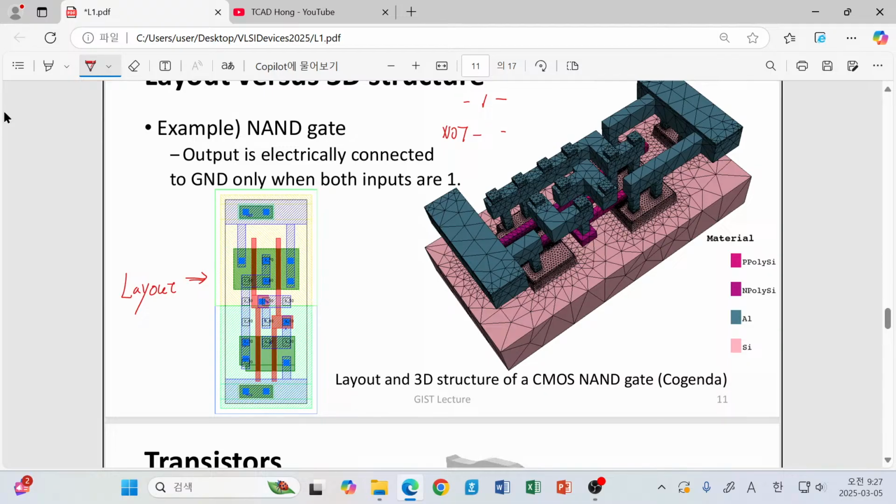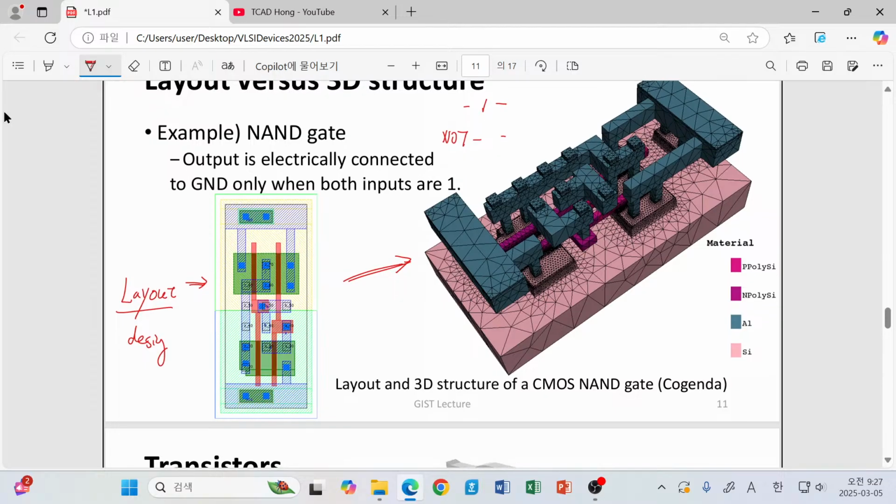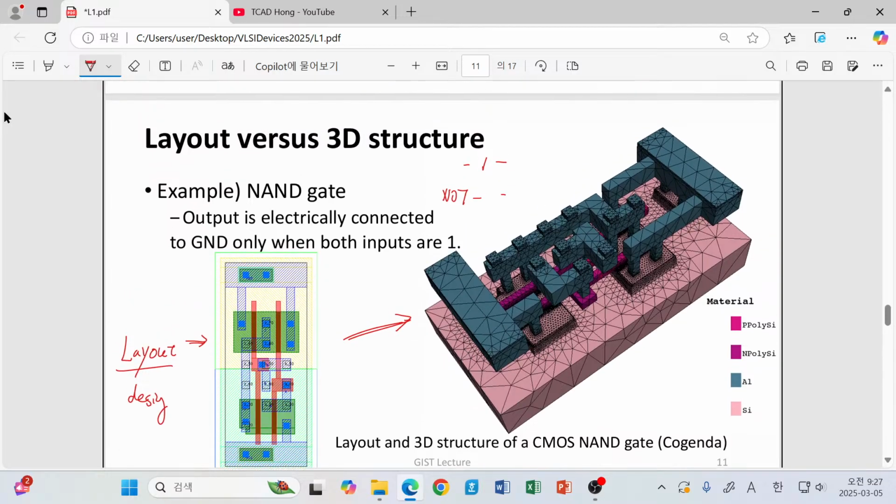And you know that using this layout, designers can build this kind of three-dimensional structure. So for a designer, the chip looks like this, and to a device engineer, the chip is just a collection of this kind of complicated three-dimensional structure.